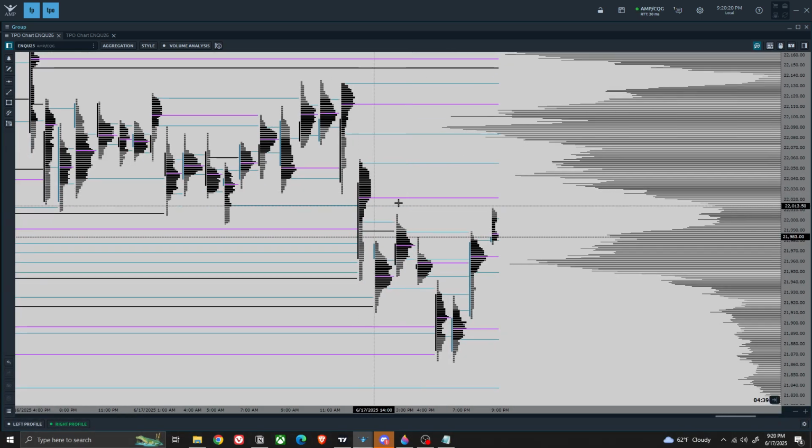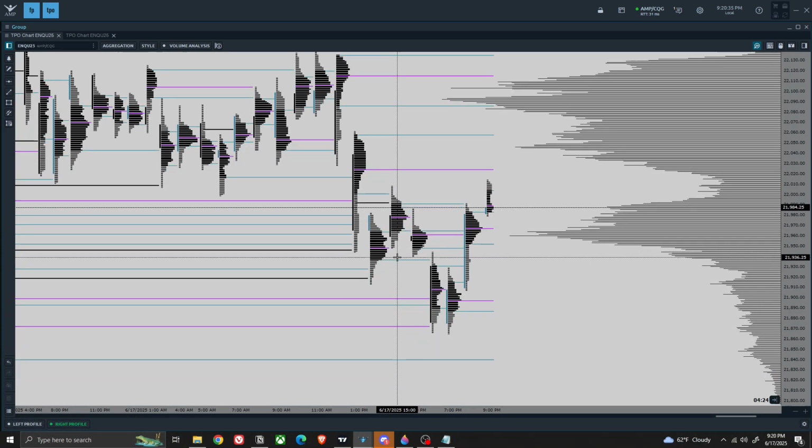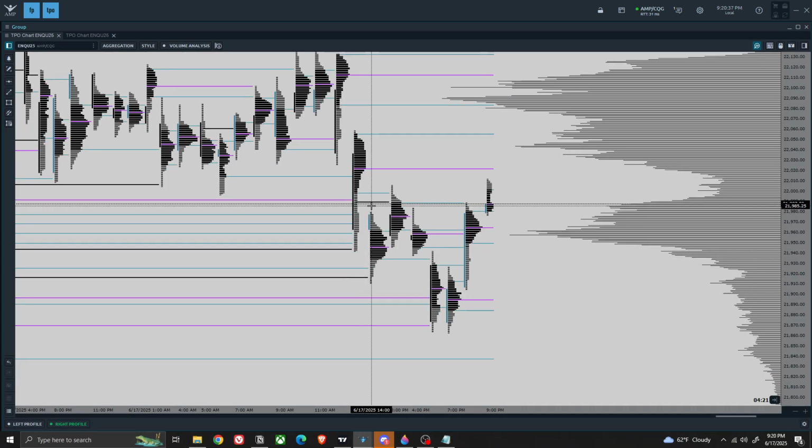Price uses this as a draw. It could be support and resistance. It could hit it and bounce off, or it could go through it and use it as a breaker. Similarly, the single prints are used in the same way.